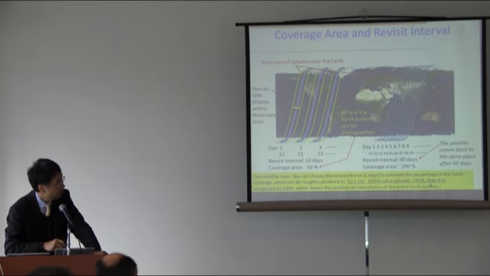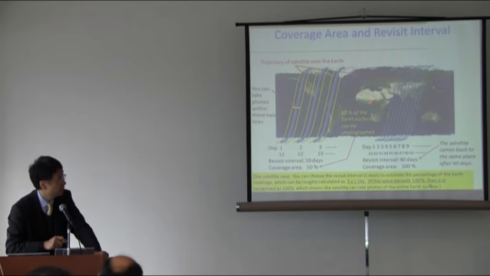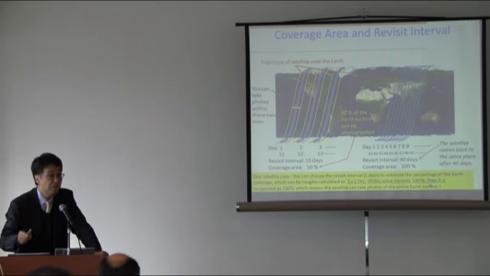And if you have a 40 days interval, of course, 5 times 40 is 200, so more than 100 is assumed to be 100. In this case, you can also obtain almost 100% of the Earth coverage. But the revisit interval is very large, 40 days. So this is a trade-off between the revisit interval and the coverage area.